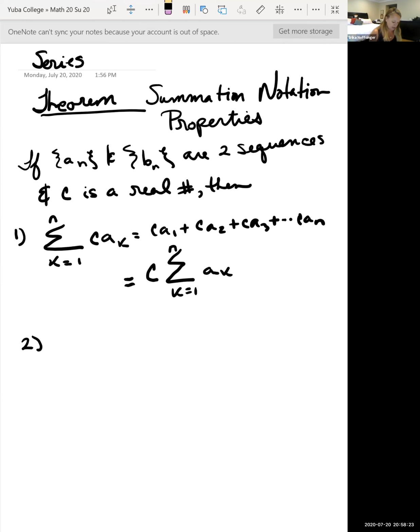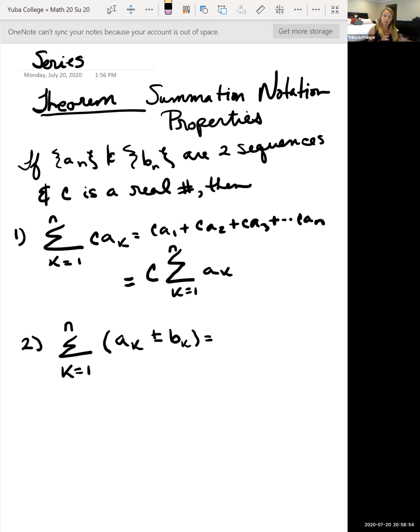So I'm going to kind of put 2 and 3 together. But basically what this says is if you're looking at k equals 1 to n of some sequence A sub k plus or minus some sequence B sub k, well, this would be saying A sub 1 plus B sub 1 plus A sub 2 plus B sub 2 plus A sub 3 plus B sub 3.